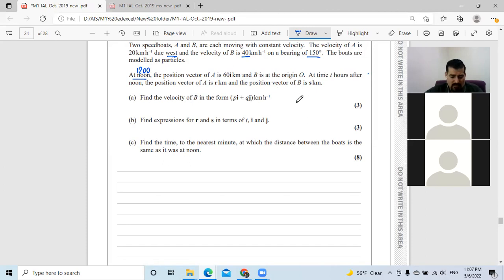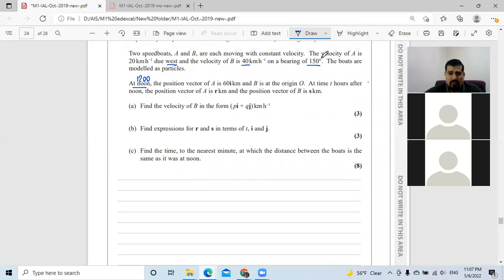Before we do that, we have to know the meaning of the bearing 150 degrees. When we say bearing, this is the north. The first quarter is 90 degrees, the second quarter is 180 degrees, so 150 is in this direction. This angle is 150.